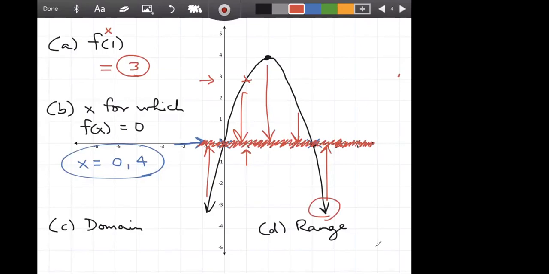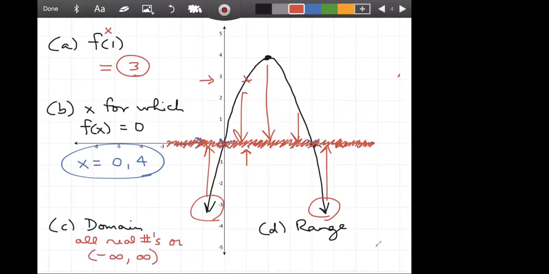And the same on the left side. Goes forever and ever to the left. So since all values of x are covered, we would say that the domain is all real numbers, which remember from section 2.8 can be written in interval notation as negative infinity, comma, infinity. So that's just a different way to write the answer.